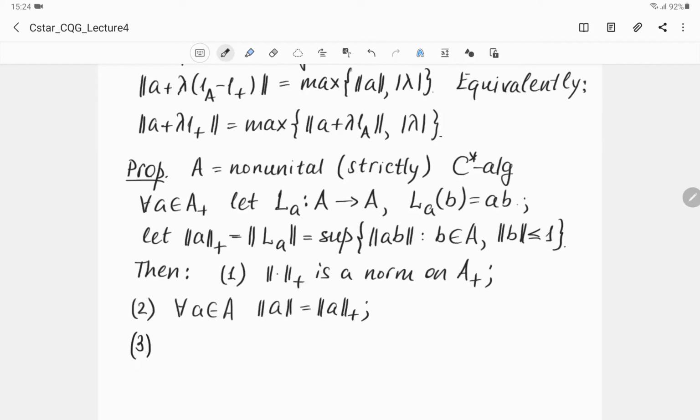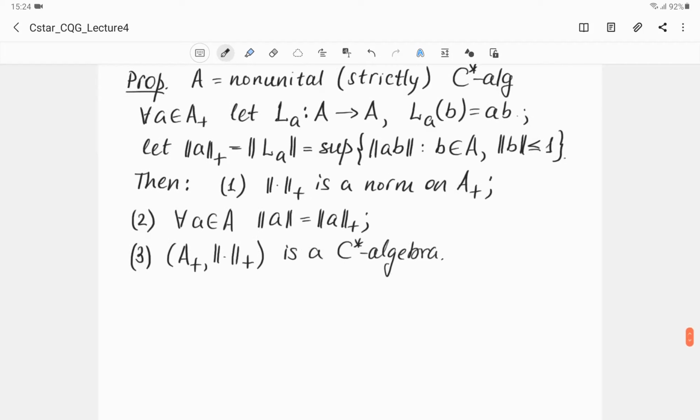And finally, if we equip the unitization with this norm, then we get a C-star algebra. And this is a canonical way of making the unitization of a non-unital C-star algebra into a unital C-star algebra.